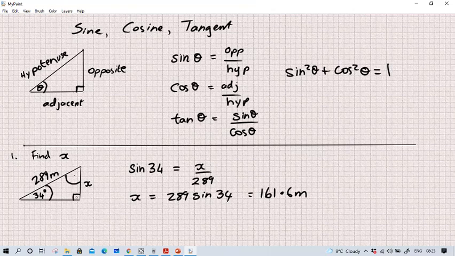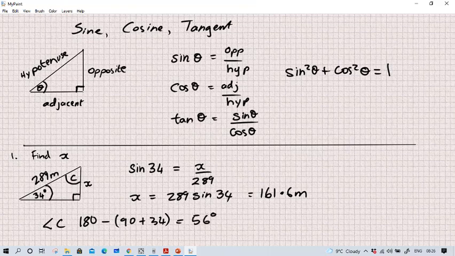So we know a right angle triangle has 90, and the given angle theta is 34. So we just call this angle C. Angle C equals 180 degrees minus (90 plus 34), and that gives me 56 degrees.